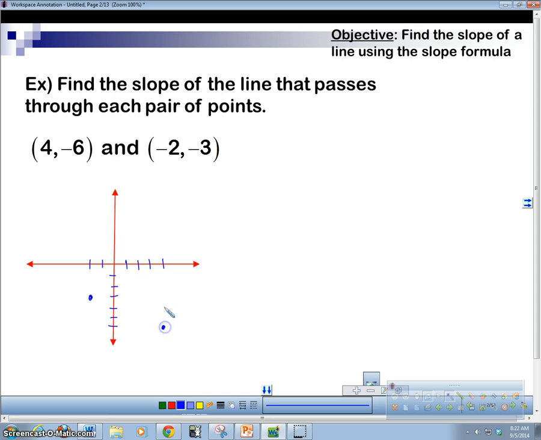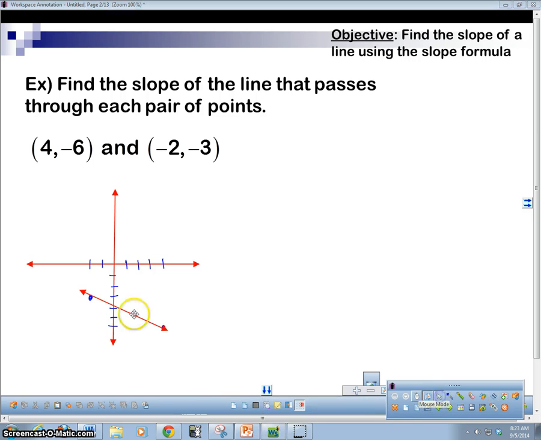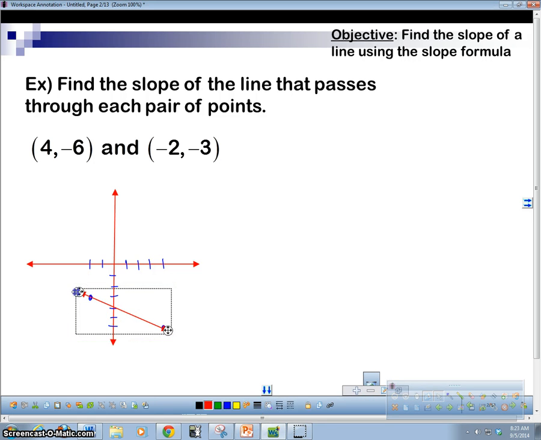Now, what I could do is draw a line here, and I should have made this line blue. Let's see if I can turn it blue. Oh, I turned it blue.